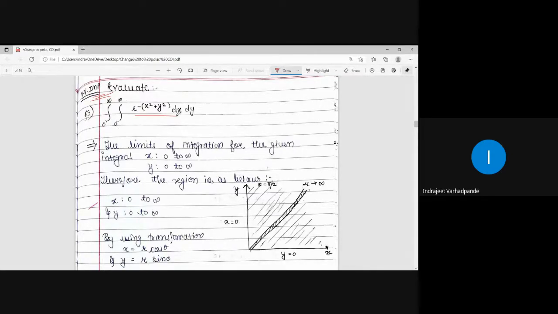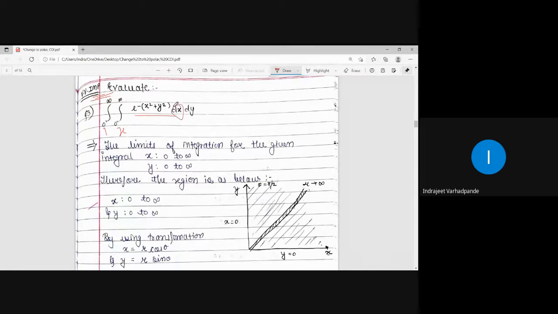I know x is r cos theta, y is r sin theta, x square plus y square is equal to r square, dx dy is equal to r dr d theta. Now both pairs of limits are constant. Either you take this as x or this as y. Luckily both are equal. It is not the case that one limit is 0 to 1 and the other is 0 to infinity.